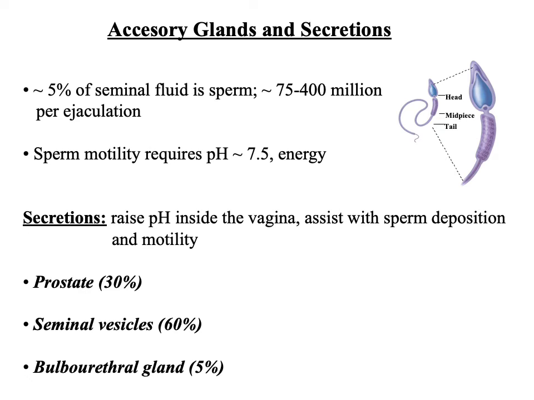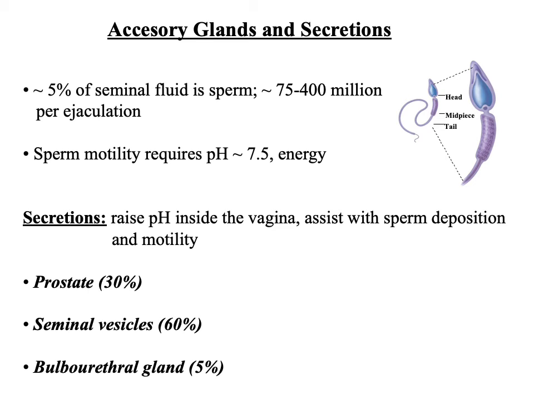The female reproductive tract is pretty acidic, and that can hinder the movement of the sperm. Sperm motility requires a pH of about 7.5, which is on the basic, more alkaline side of the pH scale, and also requires energy. Those sperm are going to need energy to move and to swim.